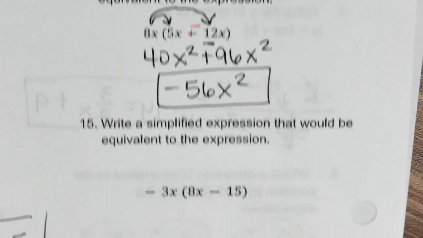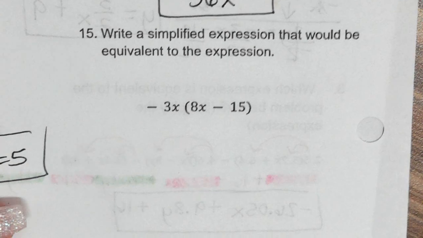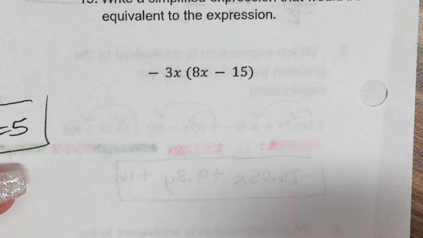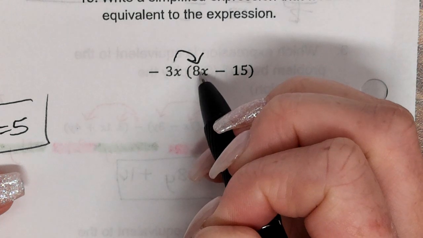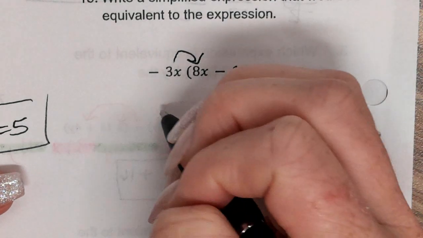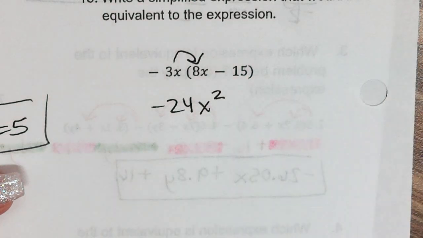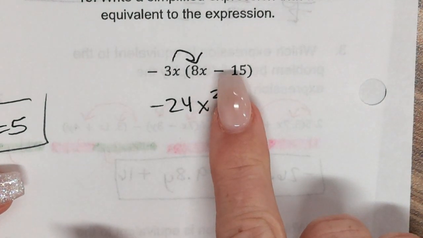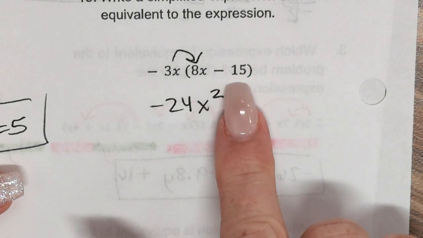All right, so this one, if you want to change, do it. If you don't, I'm going to show you, if I don't change, I'm still distributing. Negative 3 times 8 is? Negative 24, but x times x is? Now, if I did not change, I have to realize this 15 has what kind of value?